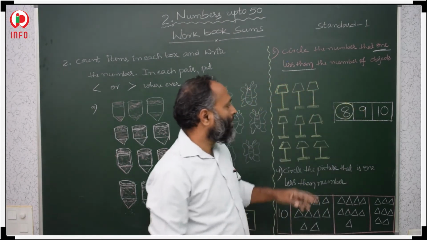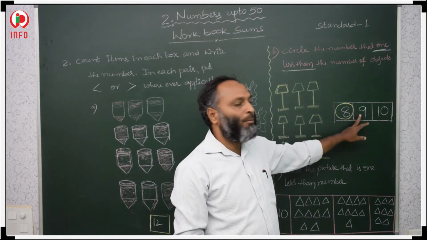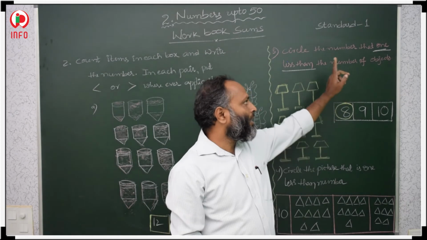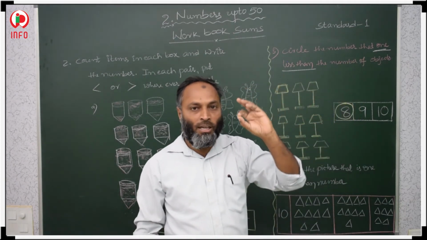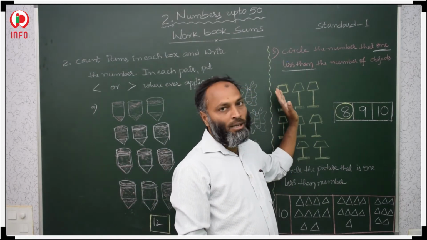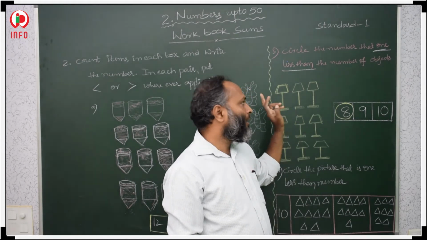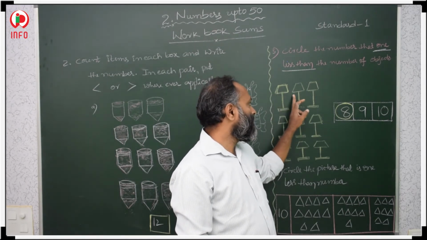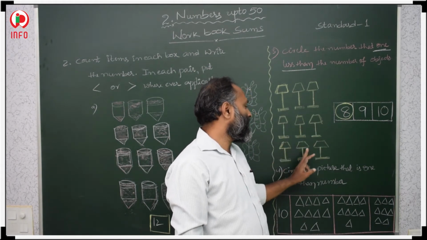Here 9 lamps were there, but it does not mean we circle 9. What is he asking here? One less than the number. First we count the number of objects, articles, or pictures. How many lamps were given? 1, 2, 3, 4, 5, 6, 7, 8, 9.